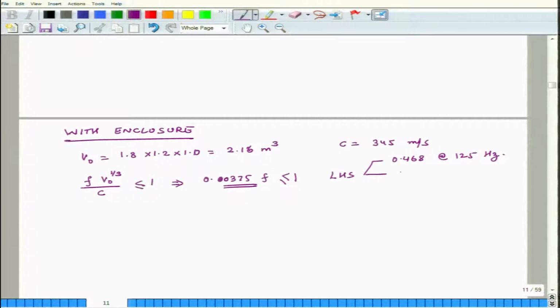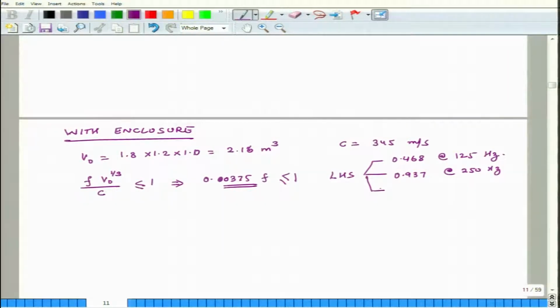Let us check at 250 hertz. This number comes to be 0.937. So, at 250 hertz it is almost there. We can try our luck at 250 hertz, because it is pretty close to 1, 5-6% off.